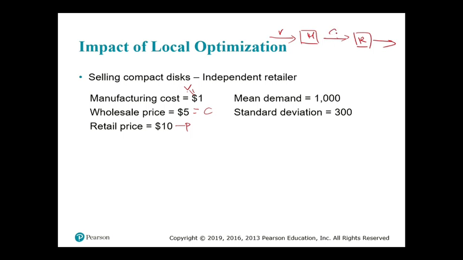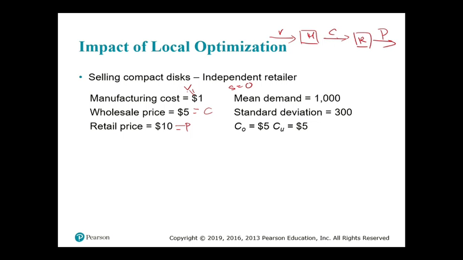This is C, and then P here. This is P. All right, so salvage cost here we ignore, so assume it's 0. Now, without an incentive mechanism, without trying to coordinate the supply chain, the retailer will just look at its own problem.